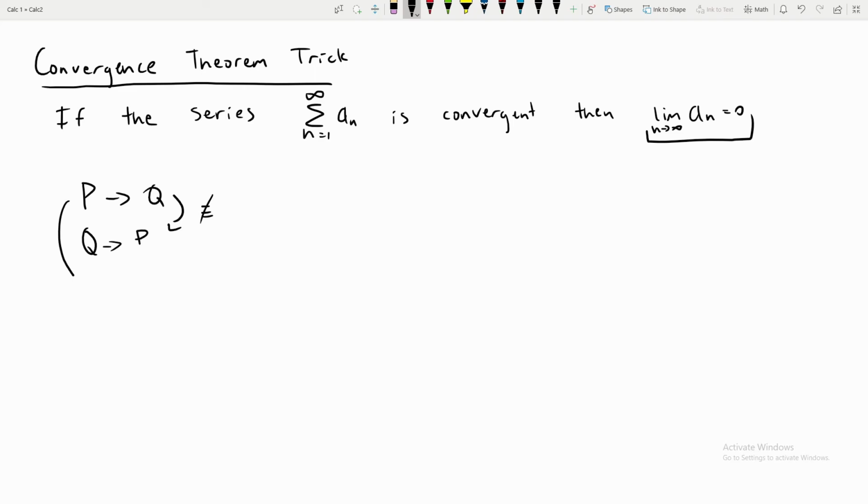However, what we can do, and they are logically equivalent, is negate the conclusion and say that it implies the negation of the premise, the condition.